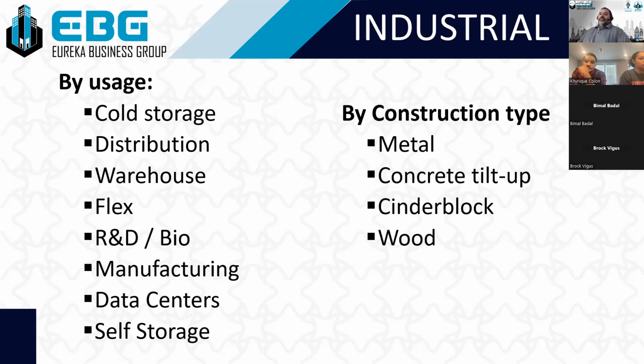Think JCPenney, think Macy's, think Walmart. So if JCPenney or Macy's orders 100,000 shirts from China, and now they need to make sure they are distributed across all of the country, they will all come on a boat and land in, let's say, Houston, or they'll land in New Jersey.